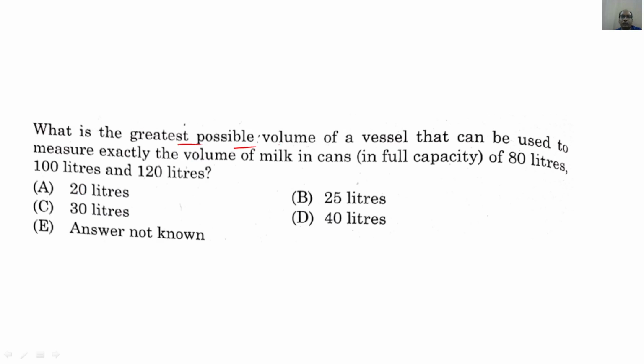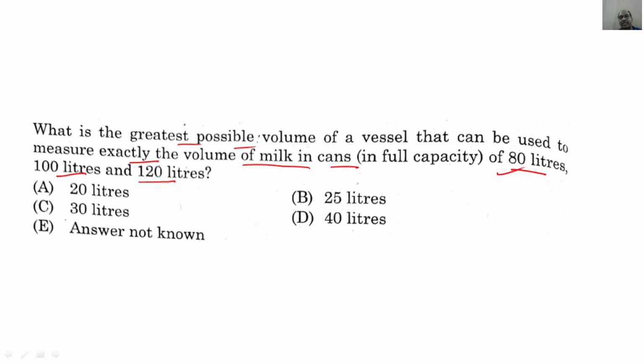What is the greatest possible volume of a vessel that can be used to measure exactly the volume of milk in cans in full capacity of 80 liter, 100 liter and 120 liter. So we need to find a vessel, greatest possible volume of vessel, which will be able to measure in full capacity of this 80 liter, 100 liter and 120 liter.